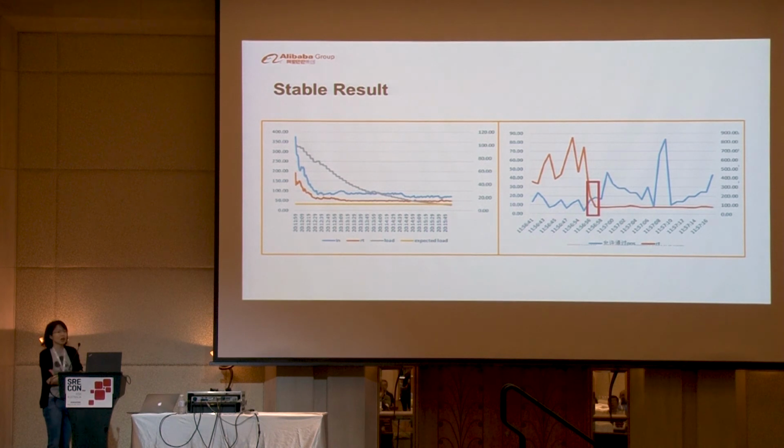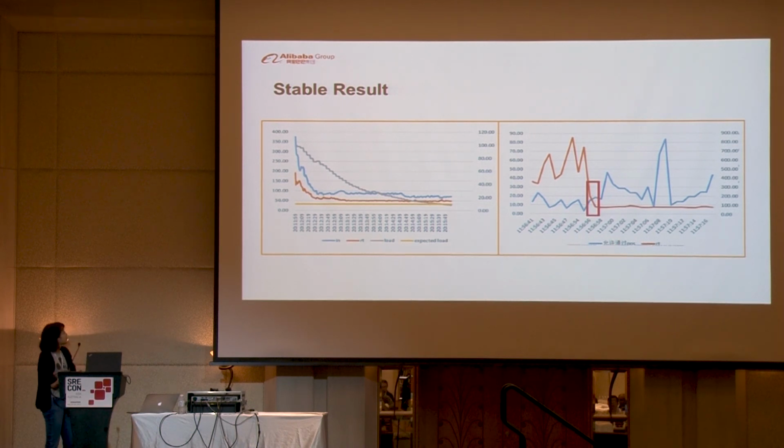This is the result of our new method. The first one is the relation between the incoming request, the response time and the load. The blue line is the incoming request. The orange line is the response time, and the brown one is the load.